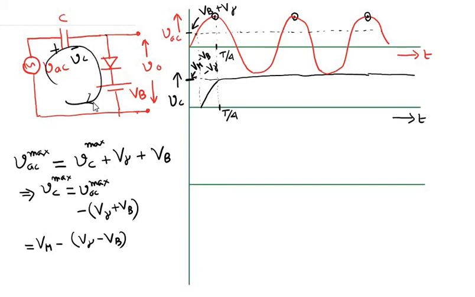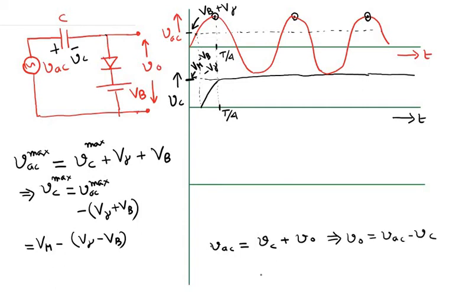So Vac is equal to Vc plus V0. This implies that V0 must be equal to Vac minus Vc.